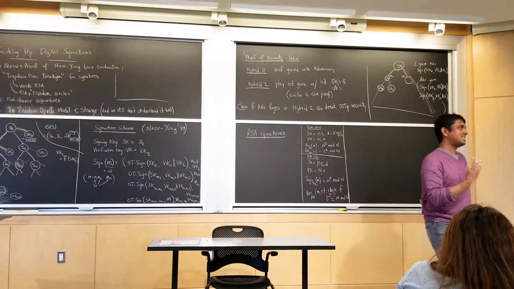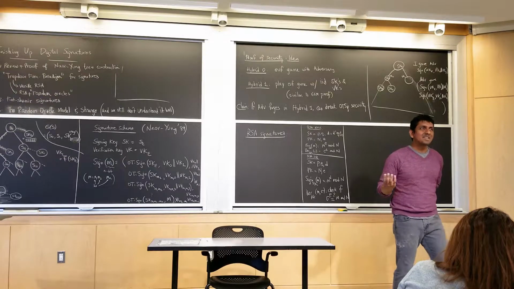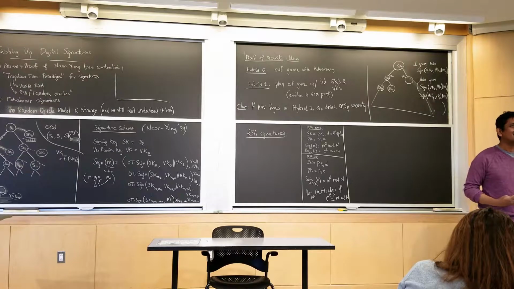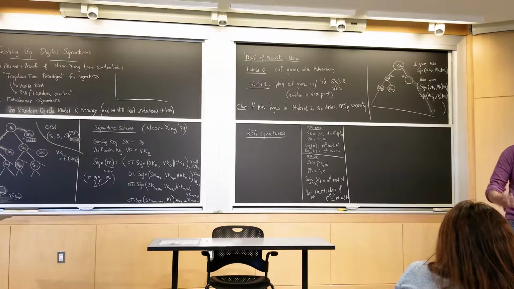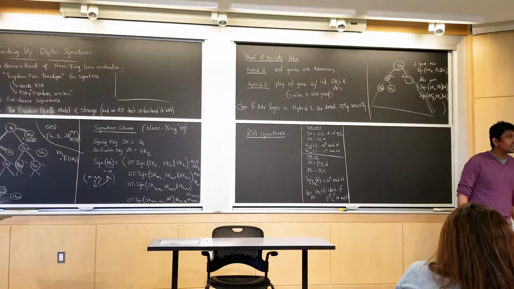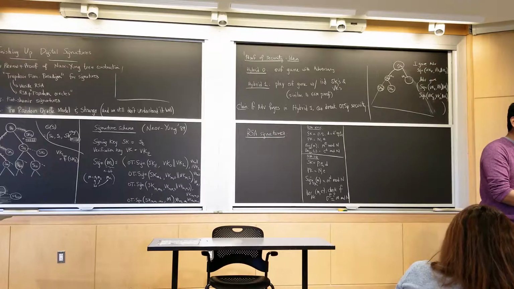Is it existentially unforgeable? It's not. How do you do it? Exactly what Alex said. Pick any sigma, raise it to the e power, and define the message to be that. Existential forgery only requires the adversary to produce a message and a signature, so pick a signature and define the message to be the signature to the power e.